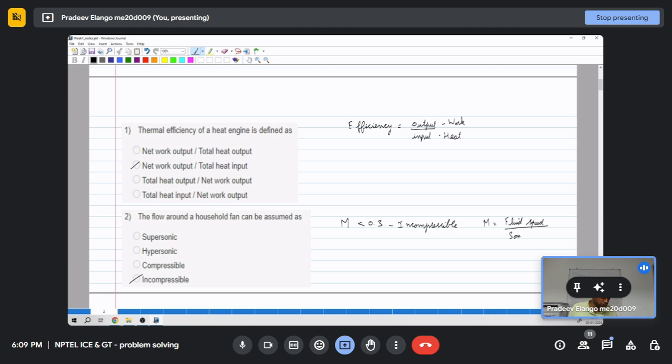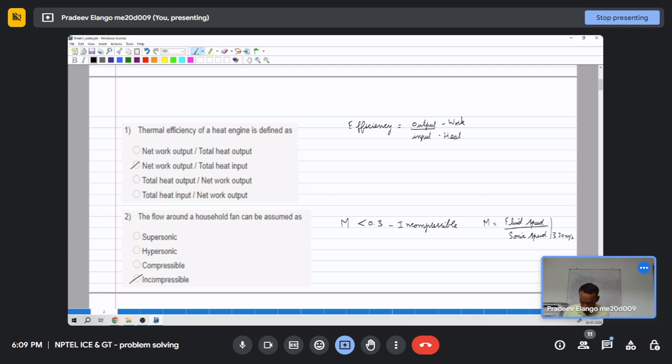So that is called the sonic speed. For air it is around 330 meters per second, and the flow around the household fan will be much less than 330, less than 30% of it. So it is incompressible flow.